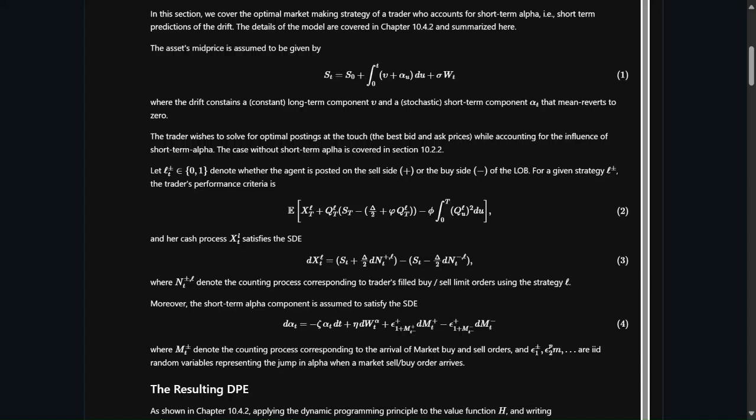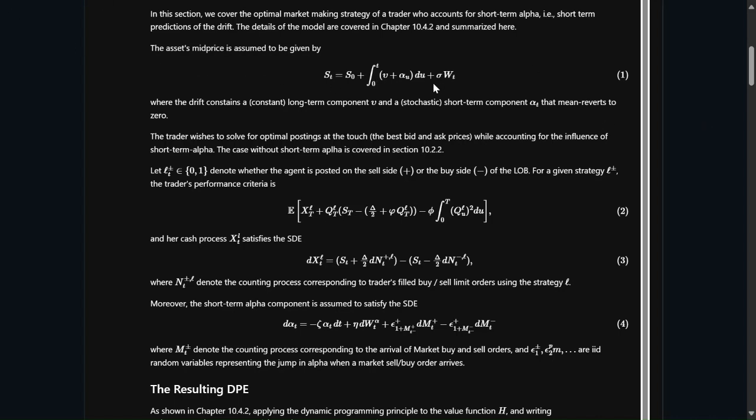Hi. So now we're going to be looking at how we actually model the limit order book. The mid price of the asset is given here.